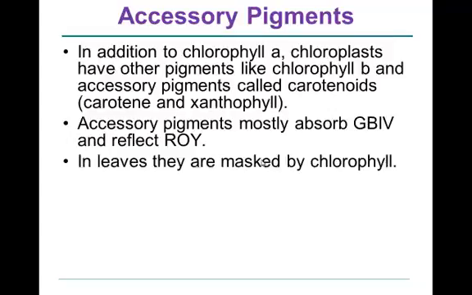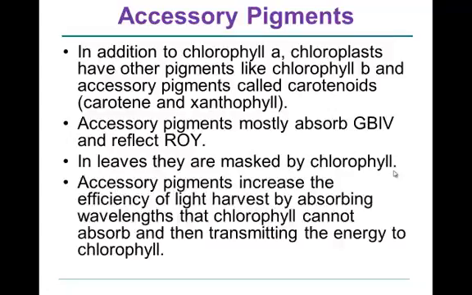And so it's almost like paint. If you just have a little bit of yellow and a little bit of orange in a bunch of green, you won't see it. Of course, the function of accessory pigments is to increase the efficiency of the light harvest, and they absorb wavelengths that chlorophyll A does not, and then they actually transmit that energy to chlorophyll.